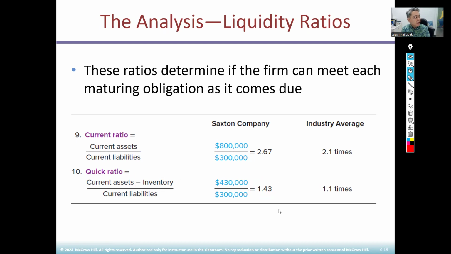Quick ratio, the rule of thumb will be greater than one, right? So you have 1.43. Current ratio, two or more. So you're actually still good, and Saxon's still better than the industry average. You have 430 liquid, quick assets over the current liabilities of 300,000.